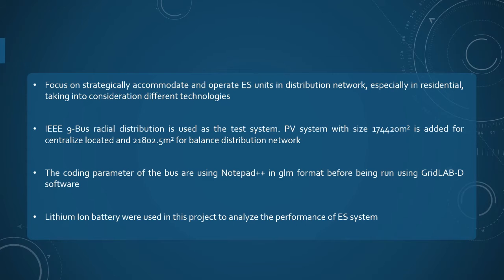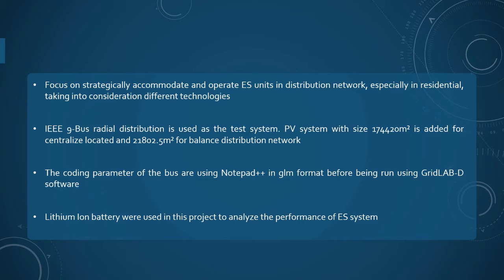This project is more focused on strategically accommodating and operating CES units in the distribution network, especially in residential areas, taking into consideration different technologies. Secondly, the IEEE 9-bus radial distribution network is used as the test system. The PV system with the size of 17442 meter square is added for the centralized location and 2180.5 meter square for the balanced distribution network.